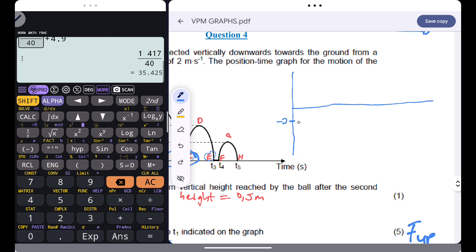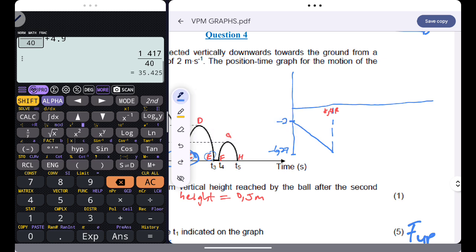It went vertically downwards until it was -6.27. It reached the ground at 0.44 seconds, right? Remember that.